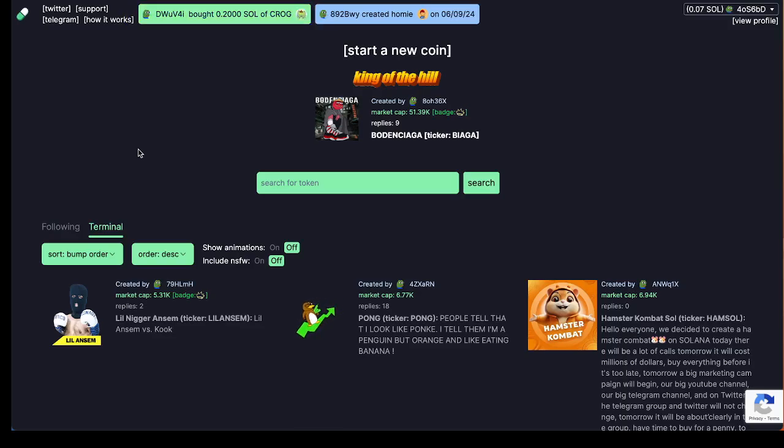You're just gambling. You put your money in. If it goes up, you win, and if it goes down, you lose. It happened to me many times when I participated in a token and it seemed like a good token, and then boom, the money is gone. So do your own research, guys, before participating in any token.